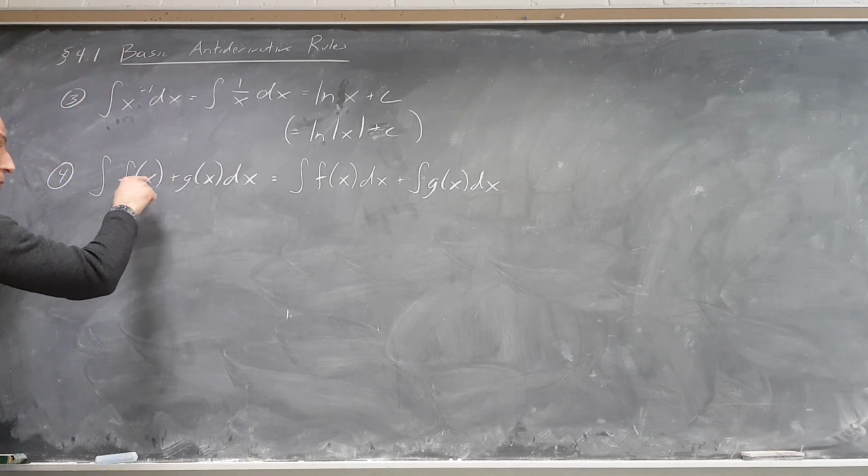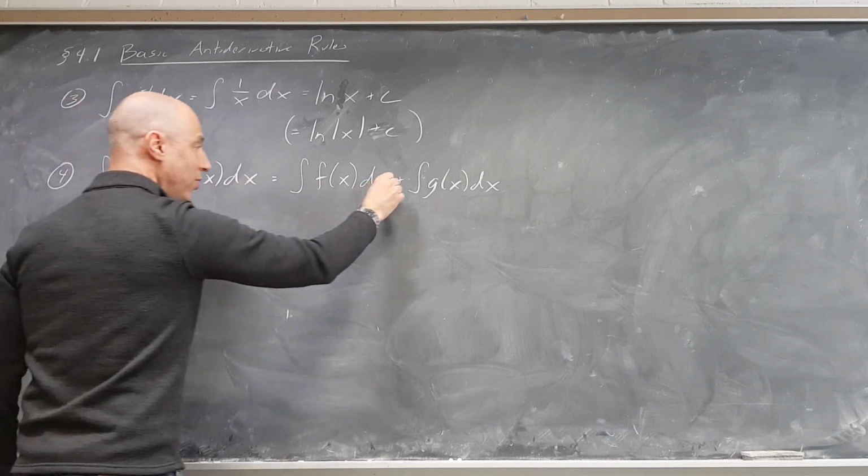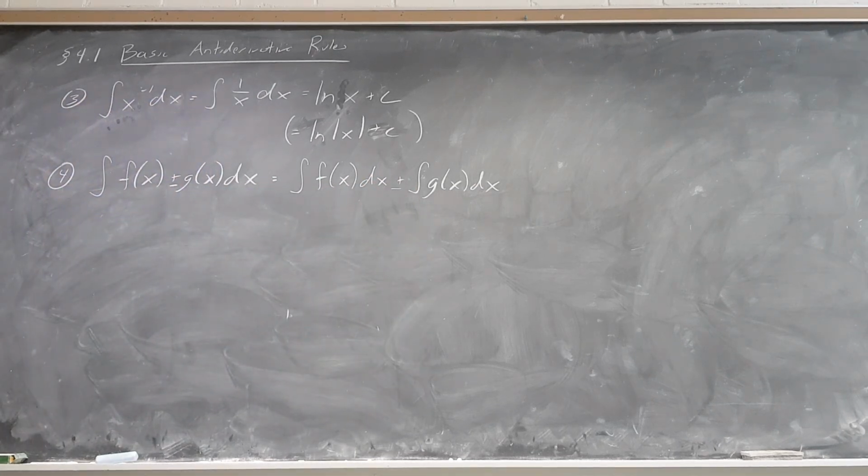And this breaks up, so we're saying antiderivative breaks up over plus, and also breaks up over minus, just like derivative did, just like limits did, just like limits at infinity did.